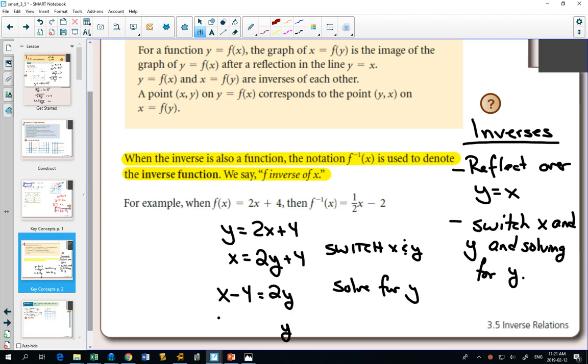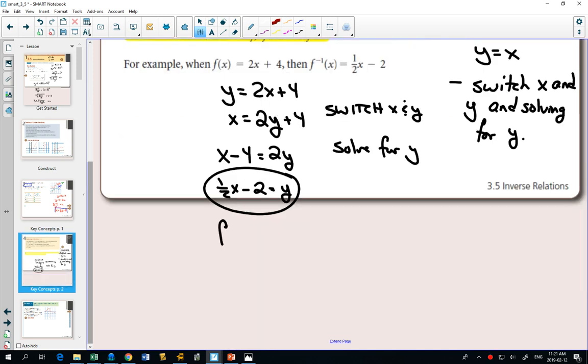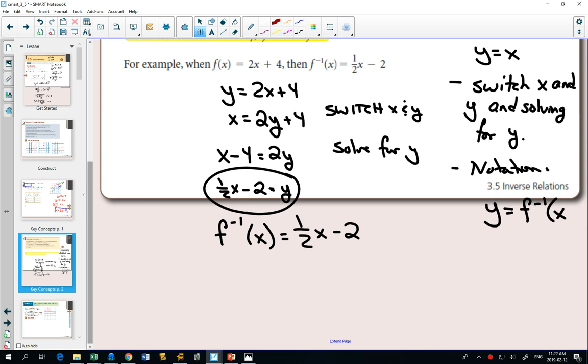Divide everything by 2: 1/2 x minus 2. And the notation for an inverse function is y equals f to the negative 1 of x.